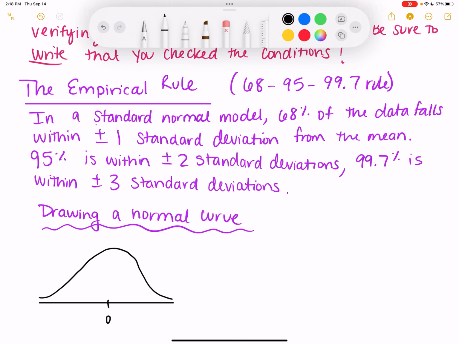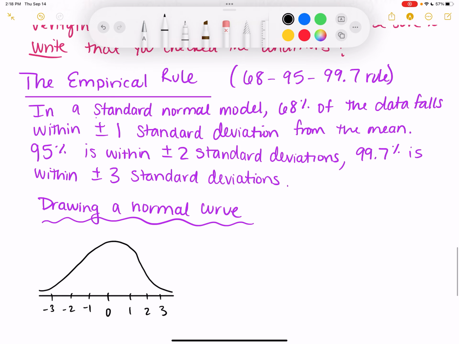All right, so we start at 0, and then it goes out to 3 on each side. I'm doing it generically on this one. I'm going to do a specific example in just a second, beside it, so you can see what I'm talking about. Based on this empirical rule, between -1 and 1 standard deviations away, 68% of our data is here.